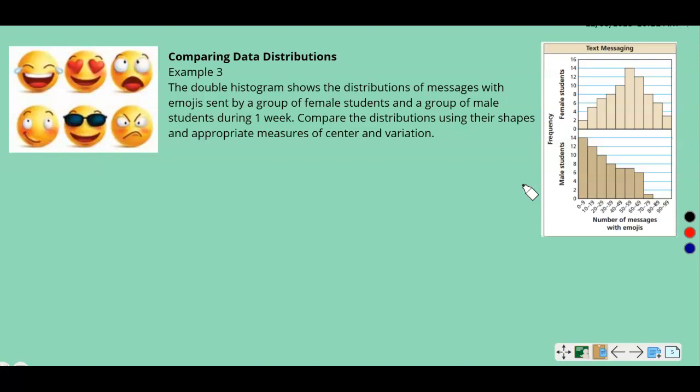All right, for the males, because the data is mostly on the left, that means it has a tail going down to the right. Most of your data here is where the bars are higher, but it is skewed down to the right. That's where the tail extends in this direction.